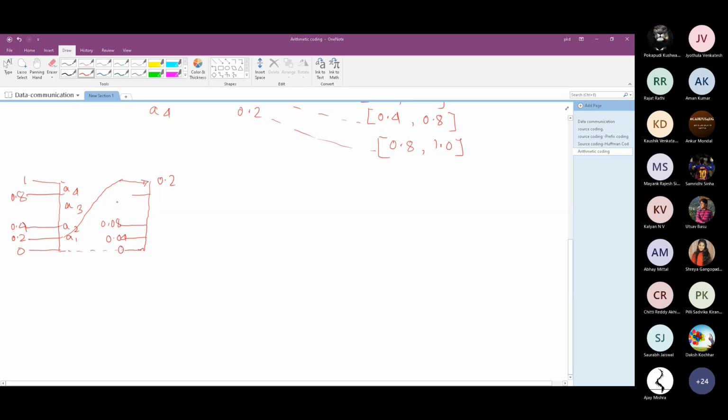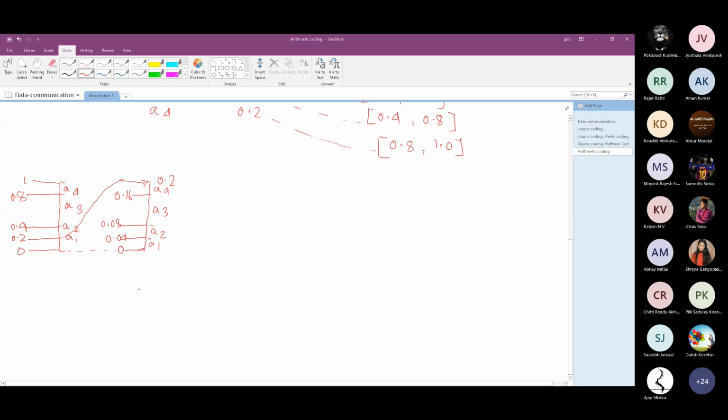This is 0.16, and this is 0.2. So this interval 0.16 to 0.2 is A4, A3, A2, and A1.